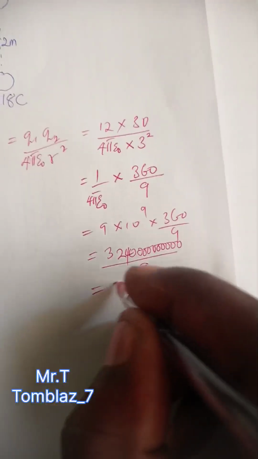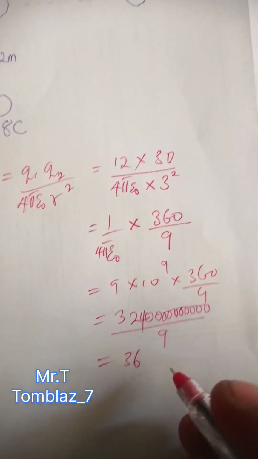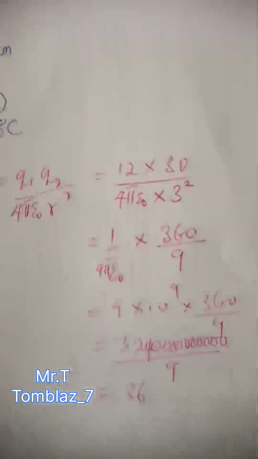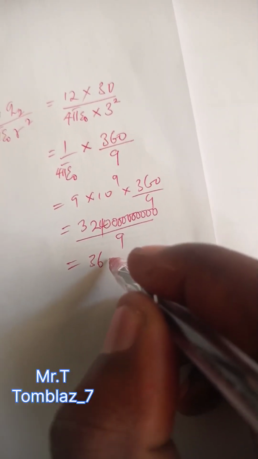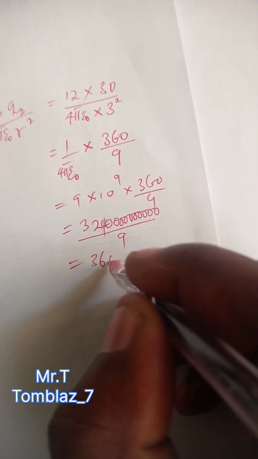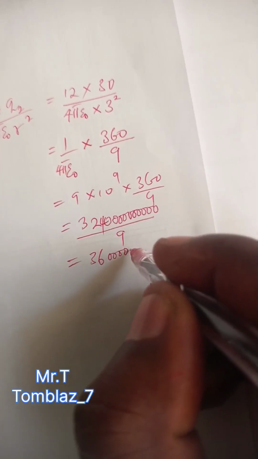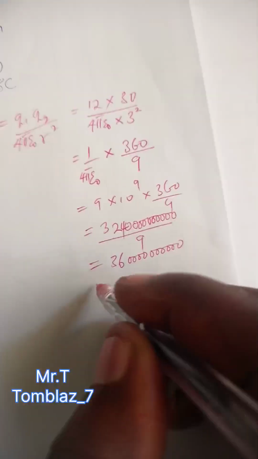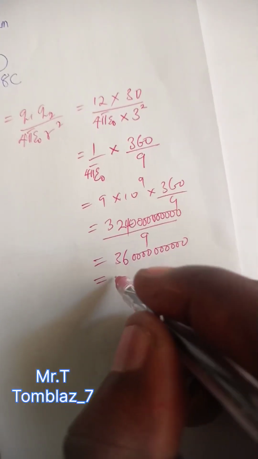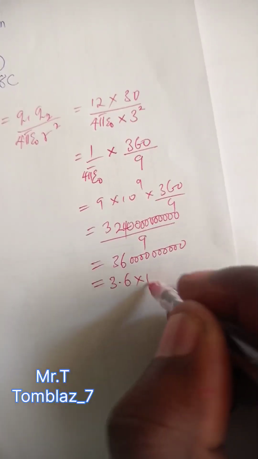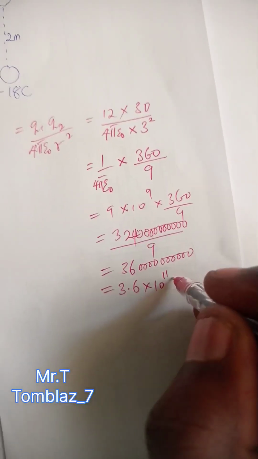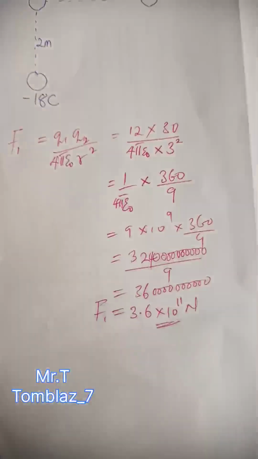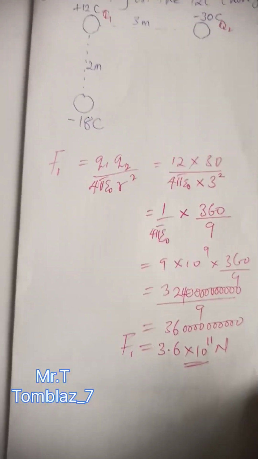So we'll be having 360 times 10 to the 9, which can also be 3.6 times 10 raised to power 11. Since it is force, it will be in Newton. Okay, that's the first step.